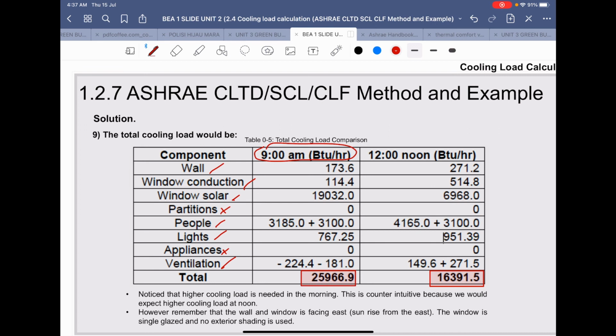Cooling load to the wall is 173.6. Cooling load to window conduction is 114.4 BTU per hour. Cooling load from solar is 19032.0 BTU per hour. No cooling load for partition. And for people, sensible plus latent, sensible 3185 plus 3100 BTU per hour. And for the light, it's 767.25. There is no appliance cooling load, because there are no appliances at all.